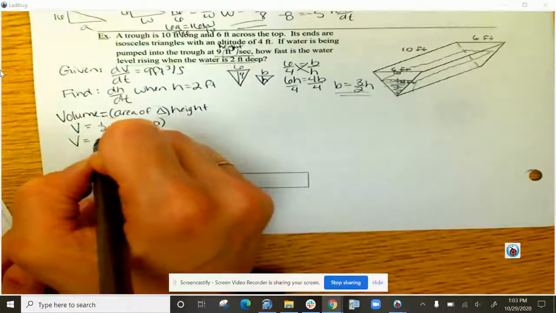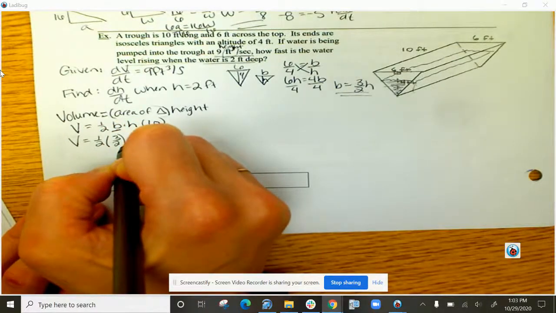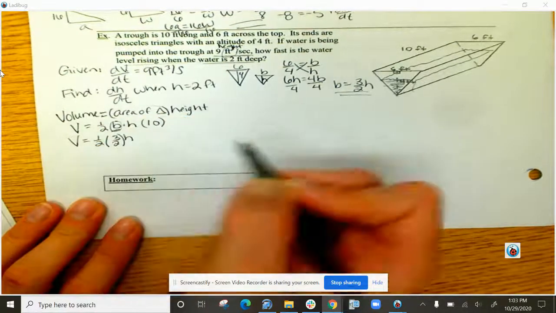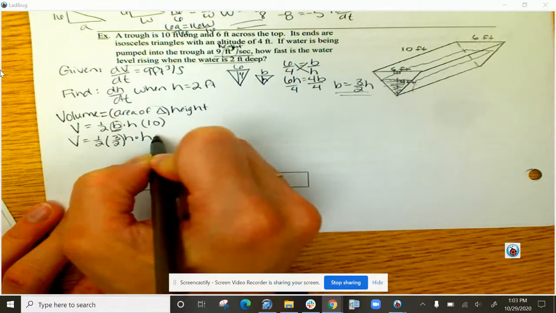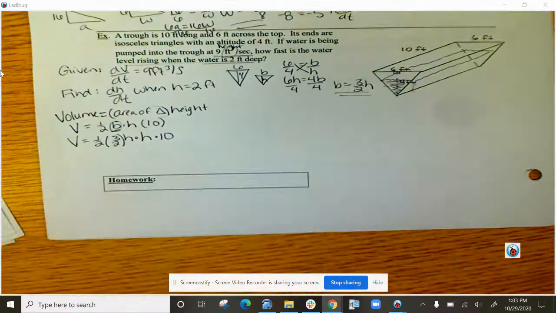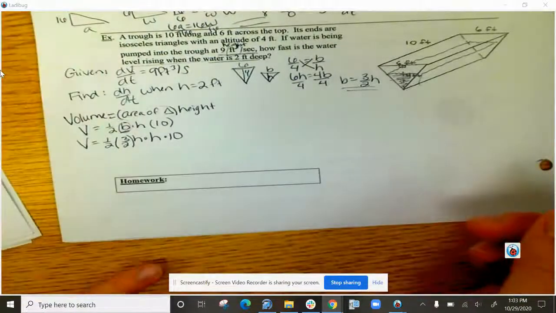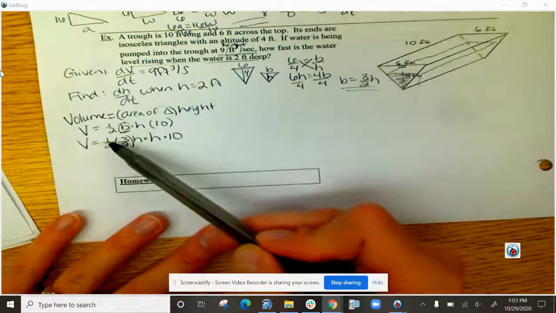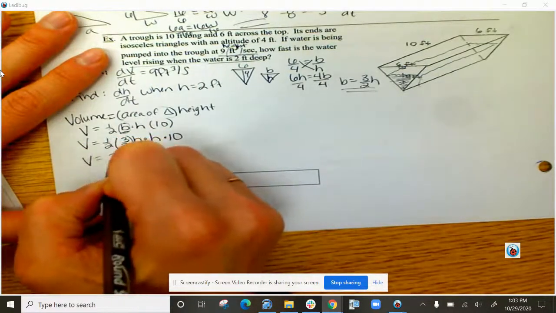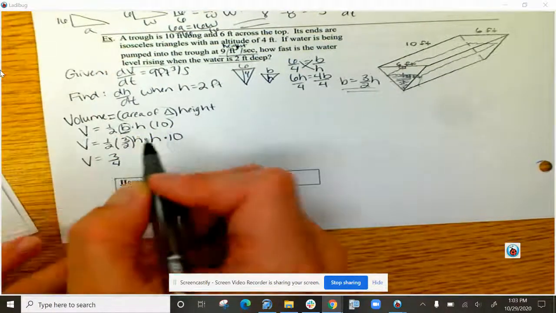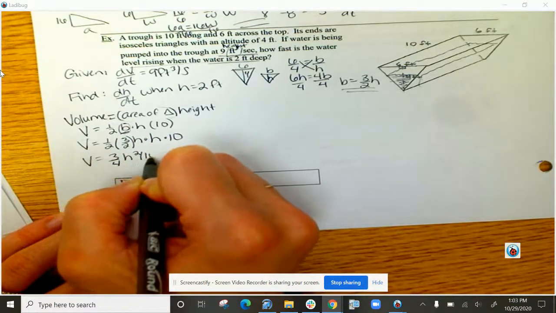So my volume equation now is 1/2 times 3/2 h, that's just this b value, times h times 10. And that's all just plugging these into this equation here, which I can simplify. I've got 1/2 times 3/2, which is 3/4. So volume is equal to 3/4 h times h is h squared times 10.